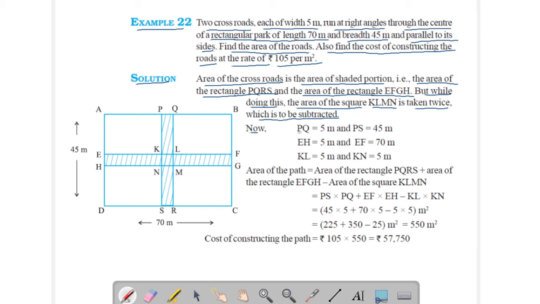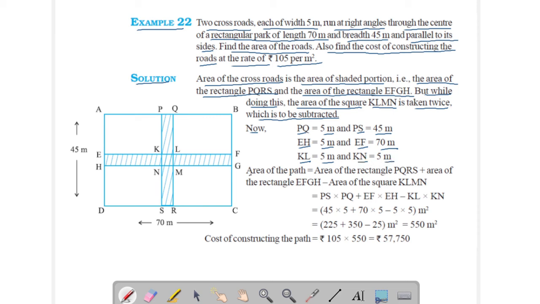Now, what is the length of PQ? It is 5 meter. PS, it is 45 meter. EH equals again 5 meter. And EF equals 70 meter. KL equals 5 meter. And KN, again it is 5 meter.